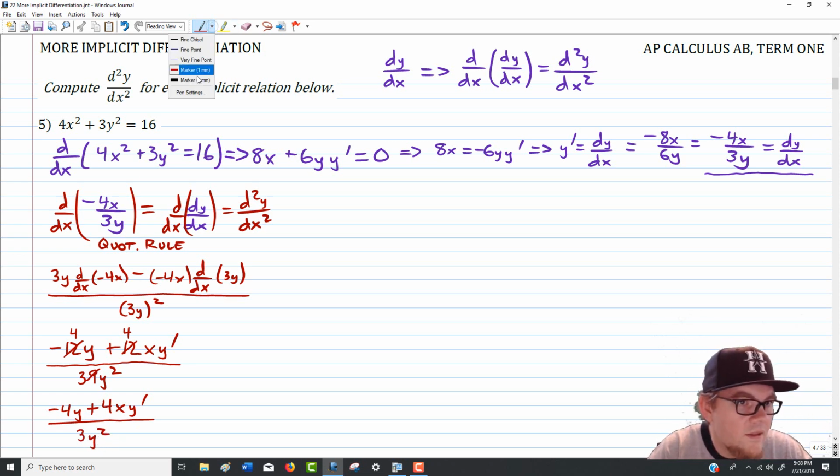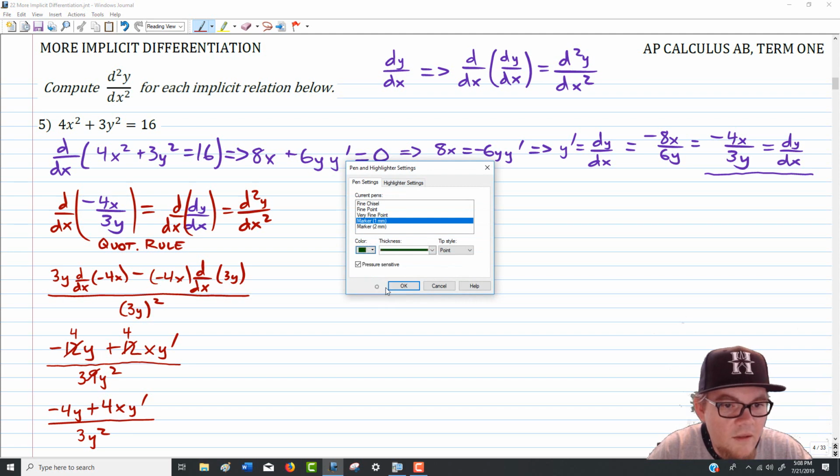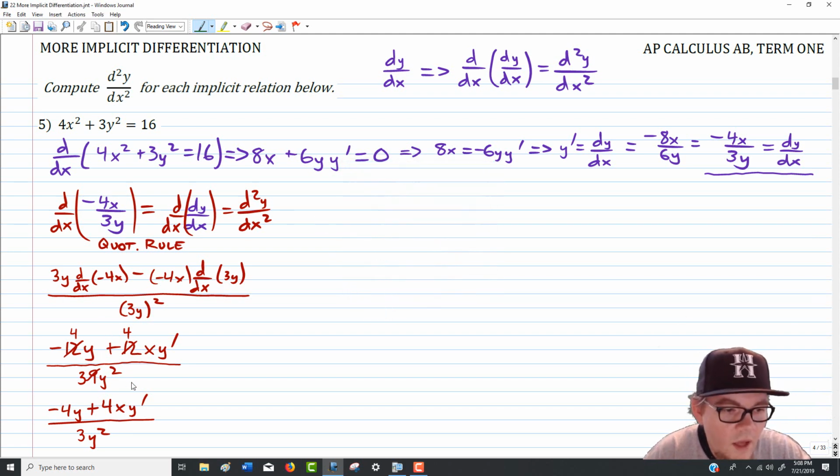Now this is not going to meet our expectations for a second derivative, because it's not just in terms of x and y. This has a y prime in it, meaning we haven't fully expressed it in terms of x and y. If I could go back, I probably will in our assignment when this video is done, I would say in terms of x and y.